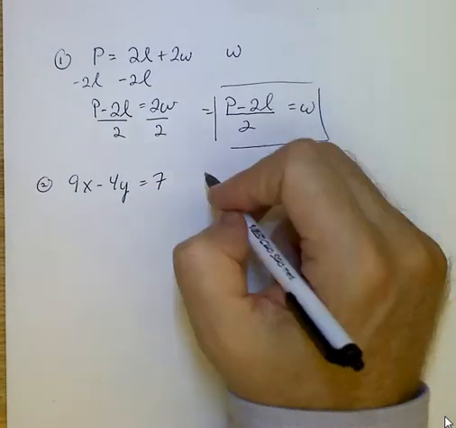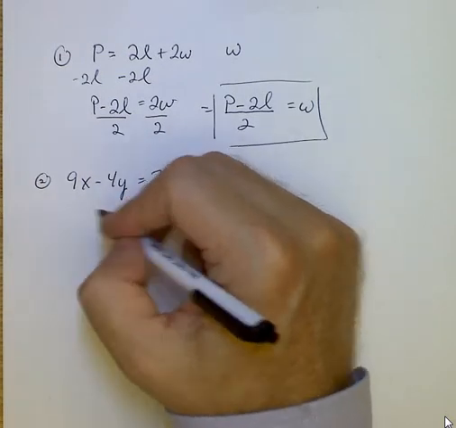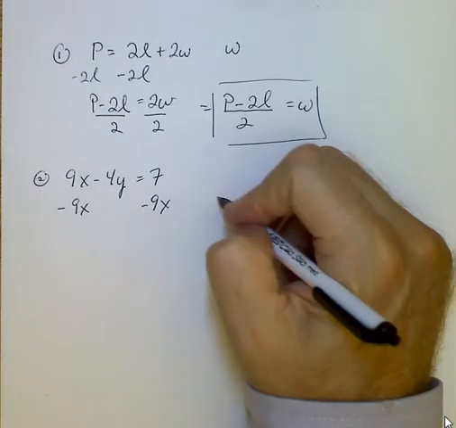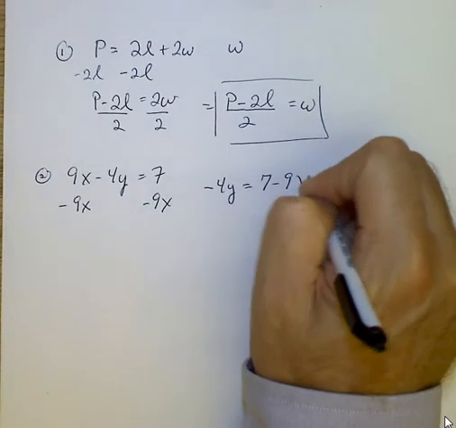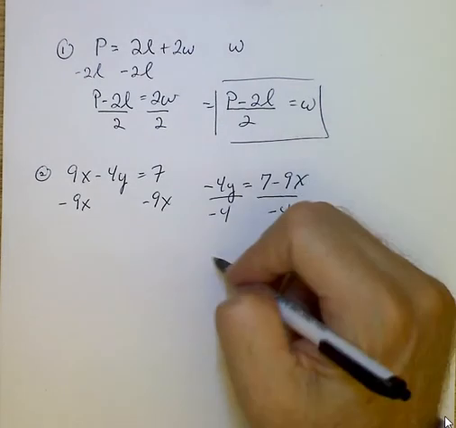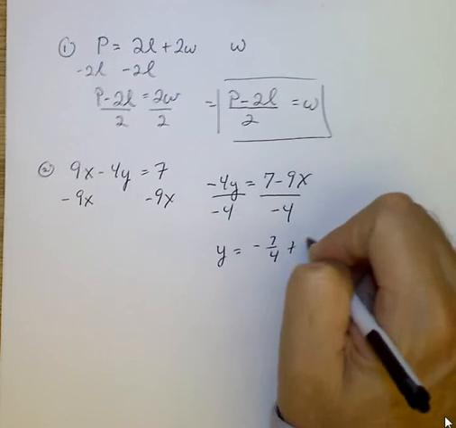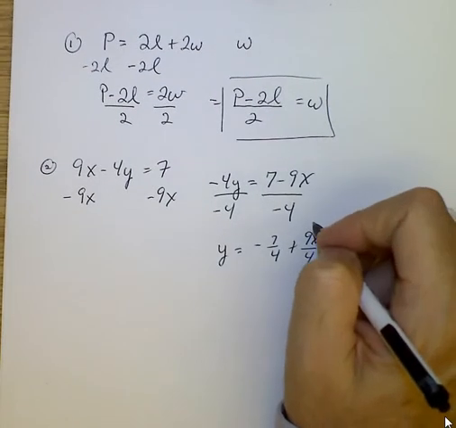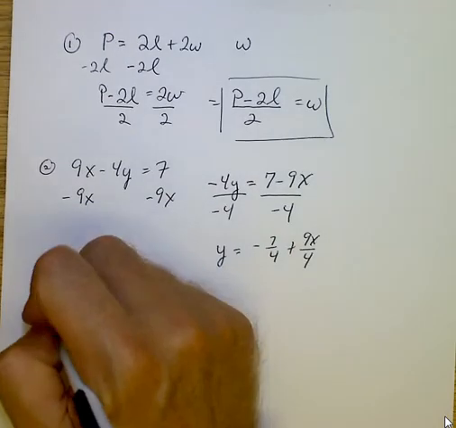The first thing we're going to do is I'll go ahead and move the 9x to the right side, and we're left with negative 4y equals 7 minus 9x, and I'll divide by negative 4. Okay, so I'll get y equals negative 7/4 plus 9x over 4. So again, following very similar rules as before, but they can get a little more difficult.